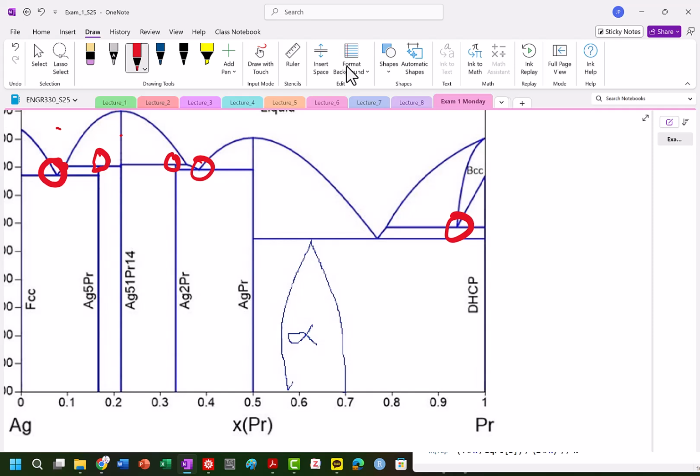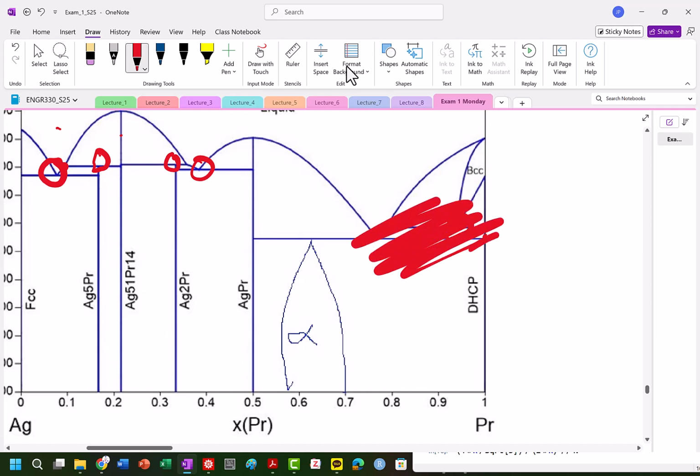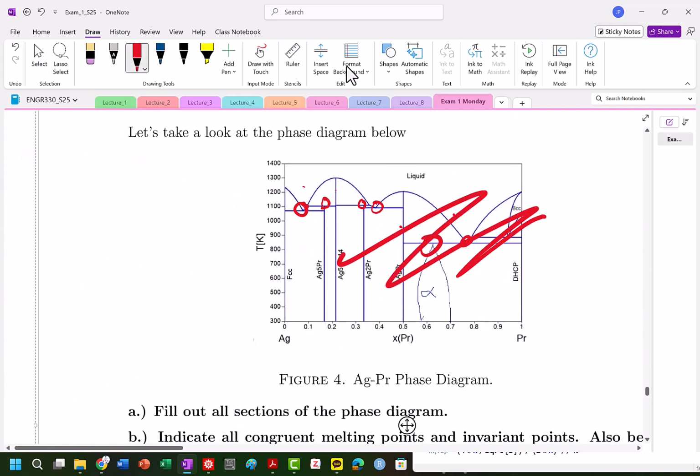It is an invariant point in terms of there being three phases, because it's BCC, liquid, but it's actually this right here. Sorry, excuse me. This will be BCC plus DHP. This will be an invariant point, but it's not really an invariant point, so I'm not going to mark that off, or not the ones that we've been talking about so far. But this is eutectic. This is a peritectic, solid to liquid to new phase solid region here. And that's pretty much it for our invariant points.